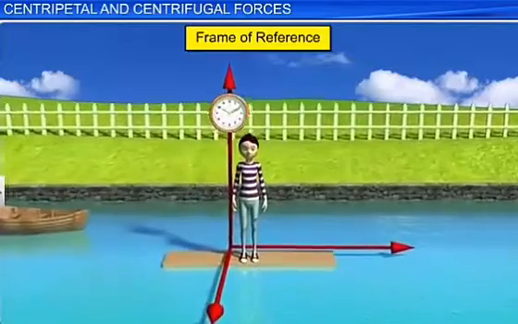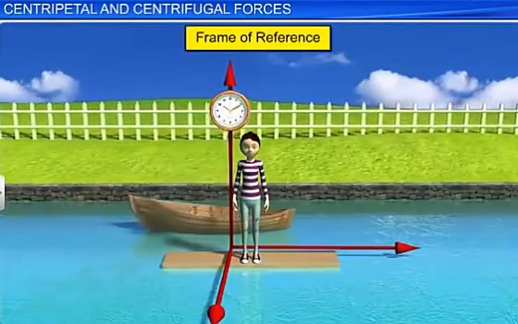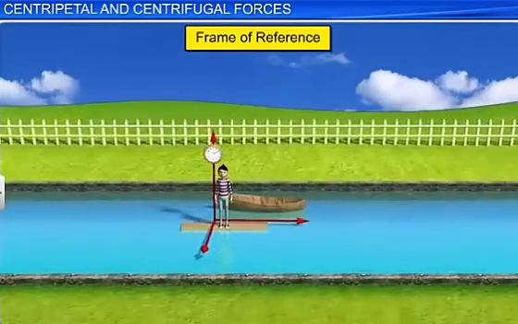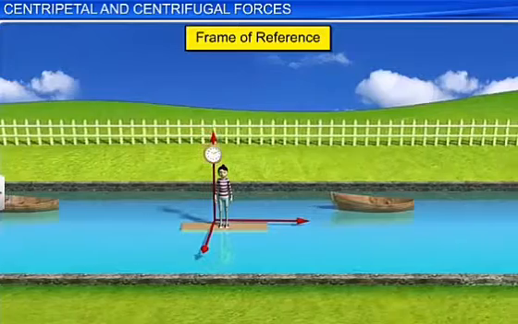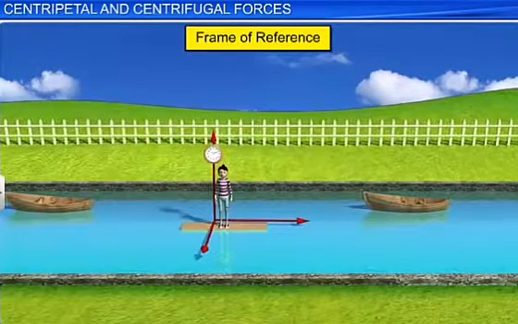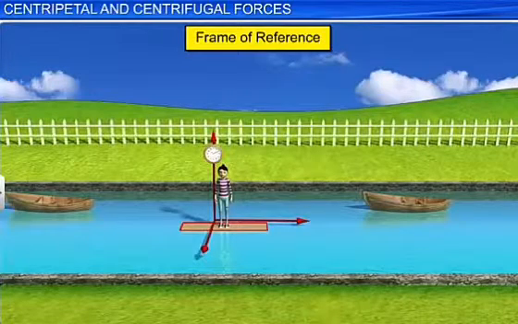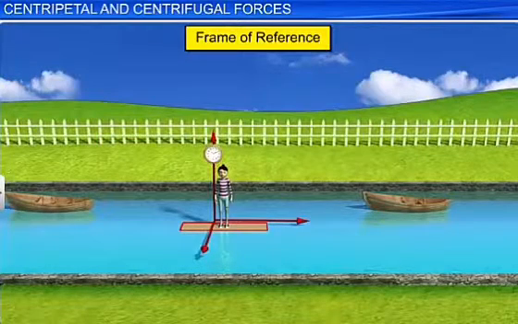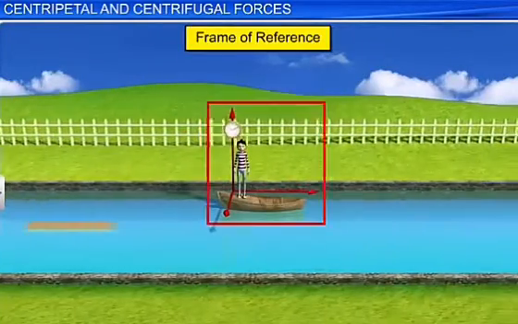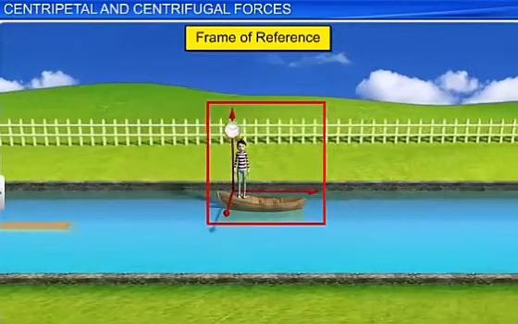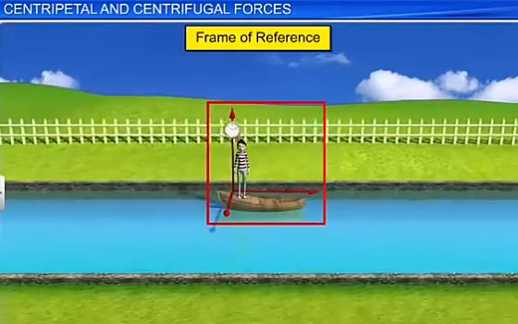Now, Sarita finds the river water to be at rest and the boat moving at a slower speed. More interestingly, she observes the banks of the river moving backwards. If the frame of reference is attached to the boat, the observations will be as shown here.